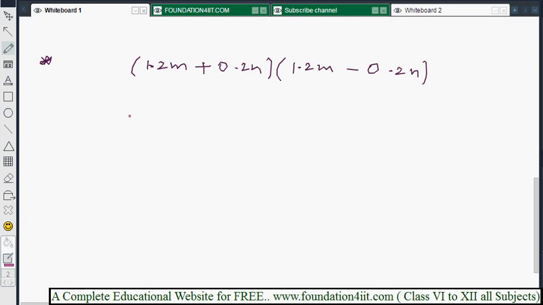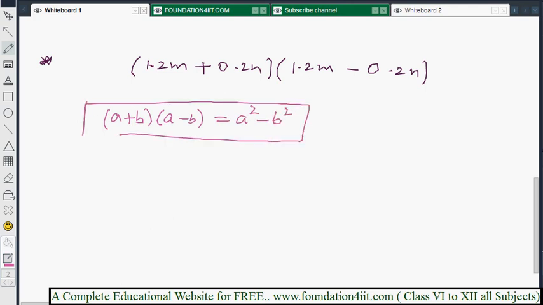The identity or formula is A plus B into A minus B, and A minus B into A plus B is also the same. That is A square minus B square. So according to this identity, we can write 1.2m whole square minus 0.2n whole square.